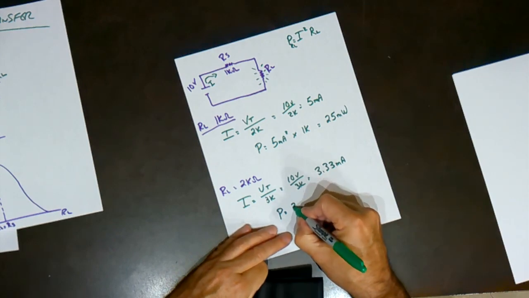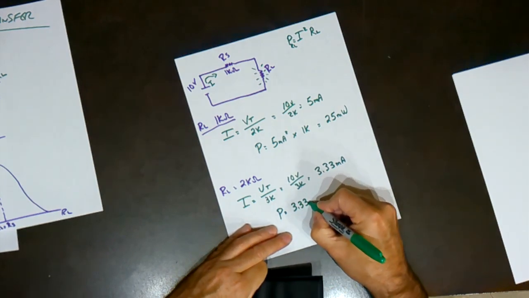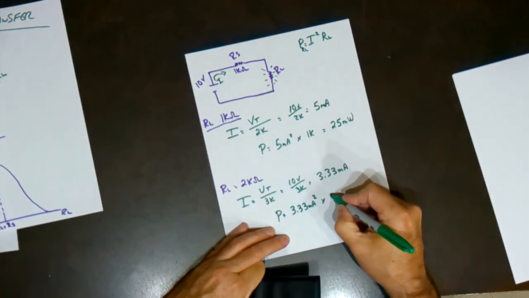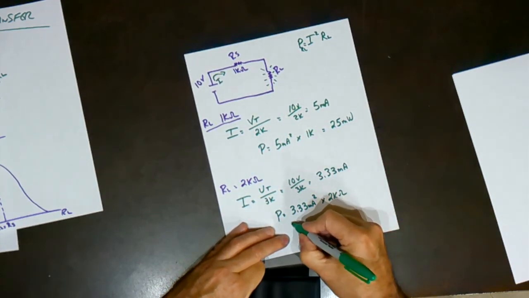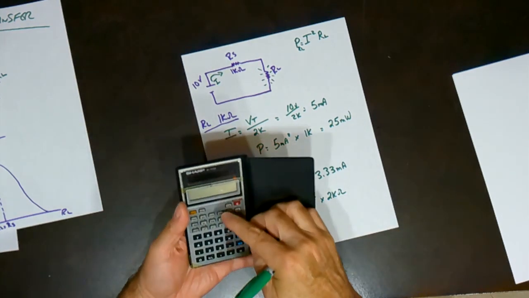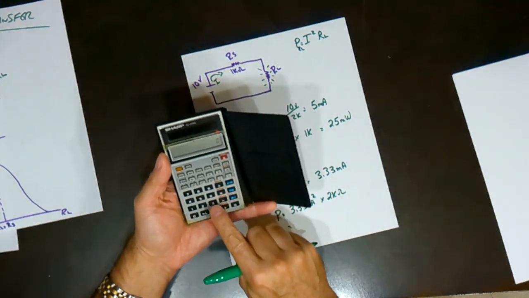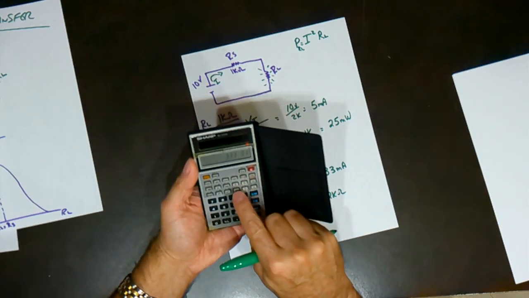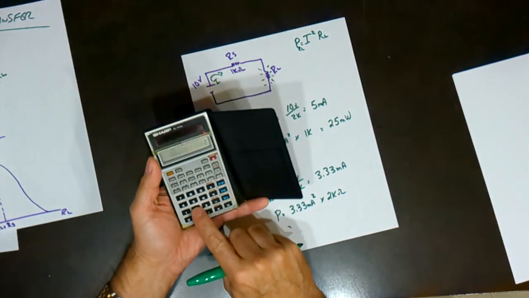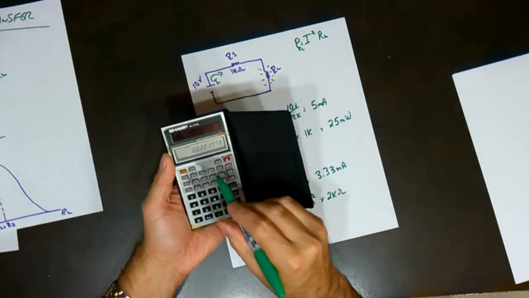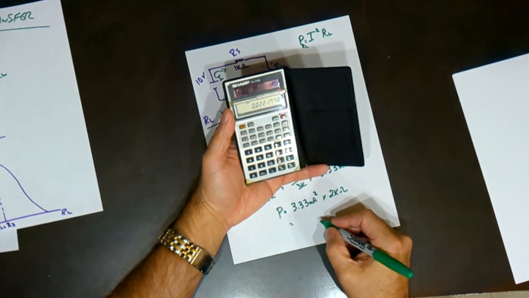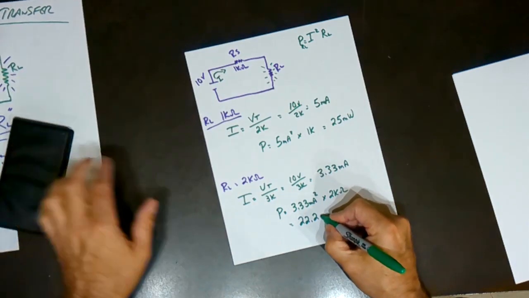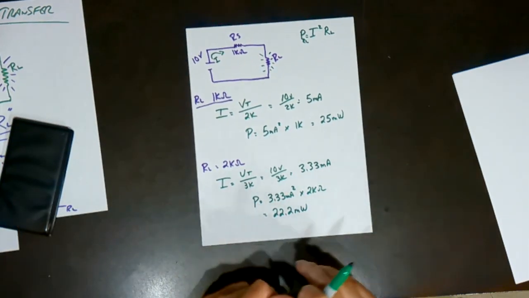Power is equal to 3.33 milliamps squared times 2K, which gives me a power of 22.2 milliwatts.